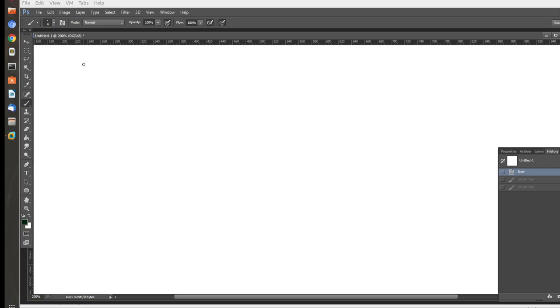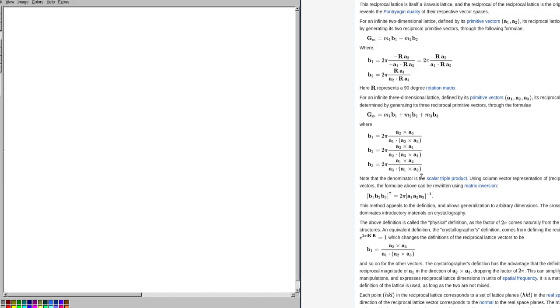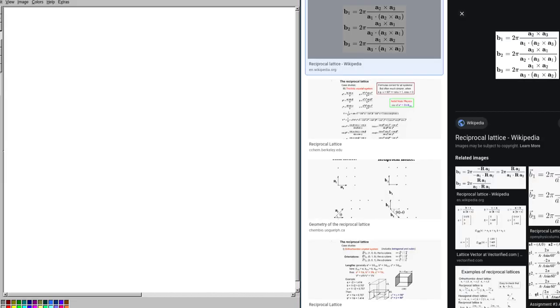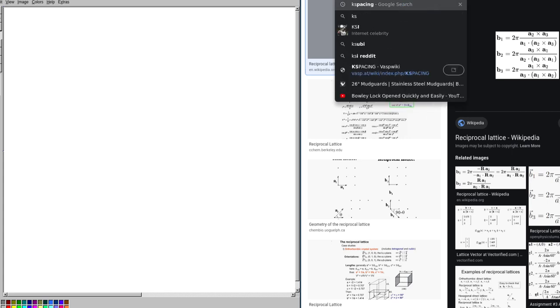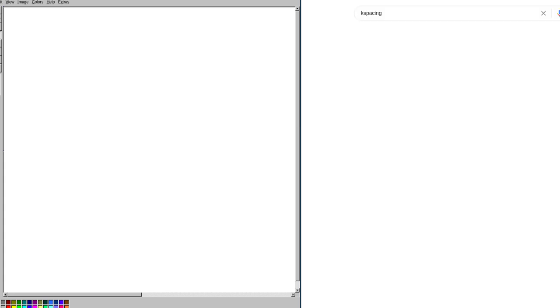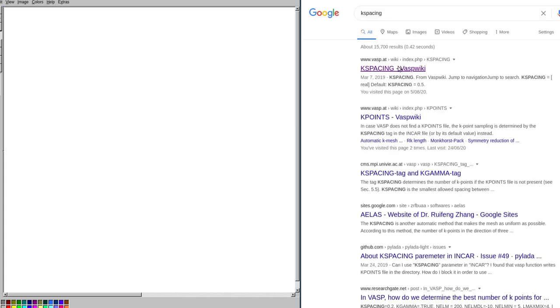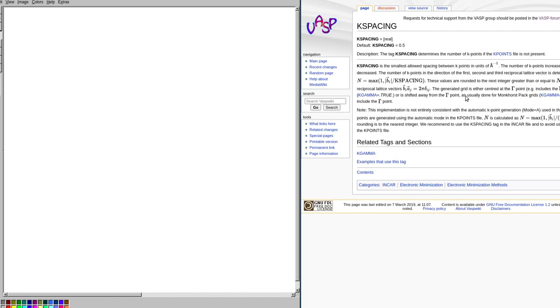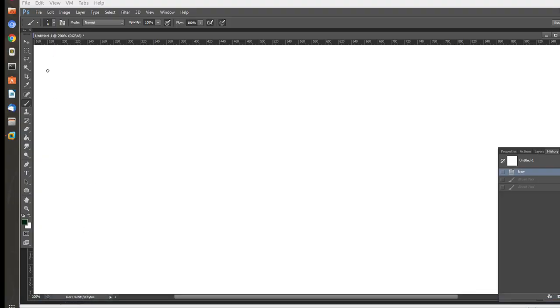what k spacing actually is, well, let's just have a look at the page with the KSPACING tag, and it will give us a formula which is the maximum of 1 or that number. Let's rewrite the formula.